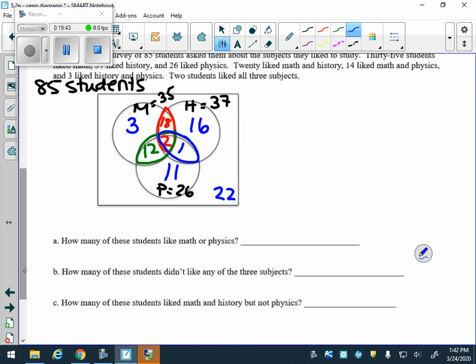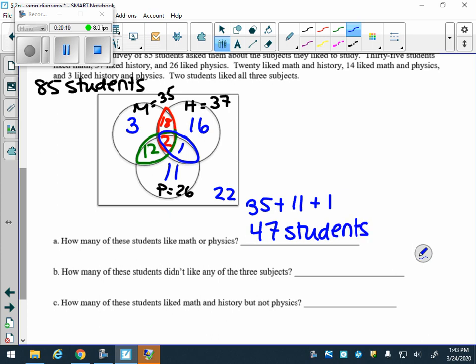So based off your Venn diagram, you're able to answer these questions. How many of these students like math or physics? So it's the whole circle of math, which is 35, plus 11 and 1. So you have 35 plus 11 plus 1. So you end up with 47 students.